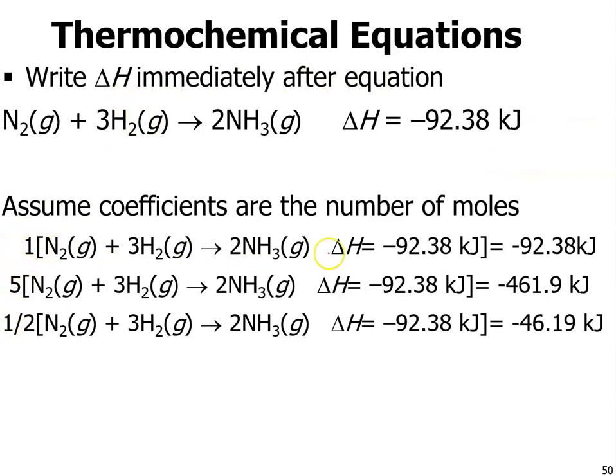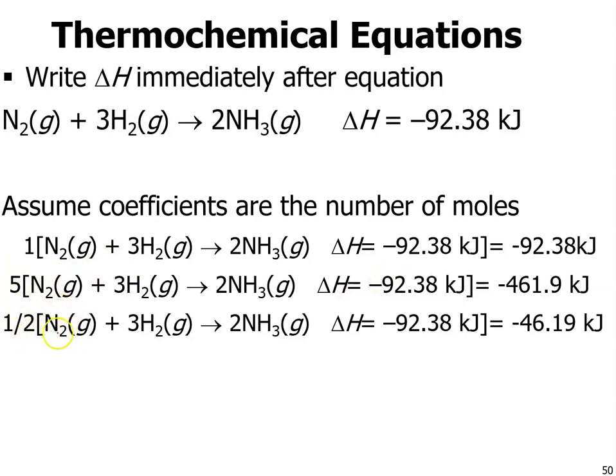So this is the standard condition on the top, but let's say we want 5 times more. We'd use 5 moles of nitrogen and 15 of the hydrogen, and then we get 10 moles of the ammonia. And then we also have to multiply this value by 5 as well, which would be negative 461.9. So we multiply this out throughout all of the components of that reaction. Maybe we want less, we want half as much.